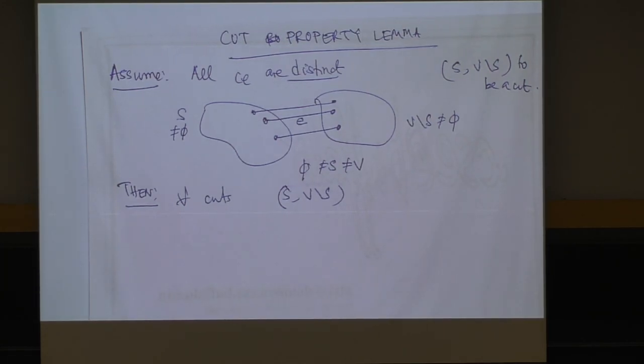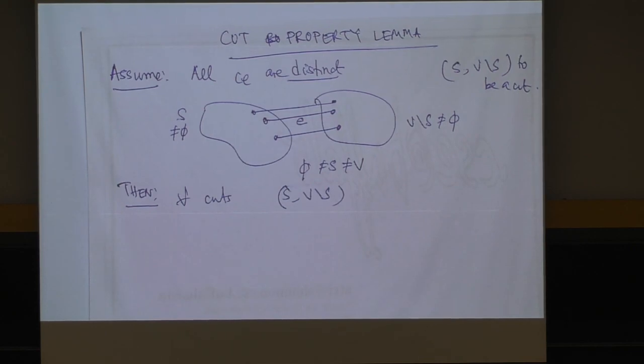And so what the cut property lemma says is the following. Again, assume all the edge costs are distinct. Then for every possible cut, look at all the crossing edges. Pick the one which is the minimum cost. Now by the assumption that all edge costs are distinct, there is a unique such edge e that crosses this cut.